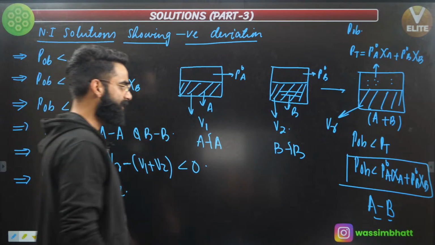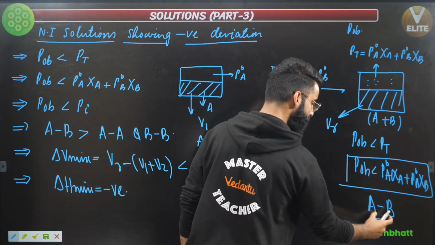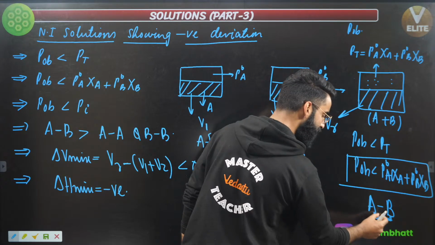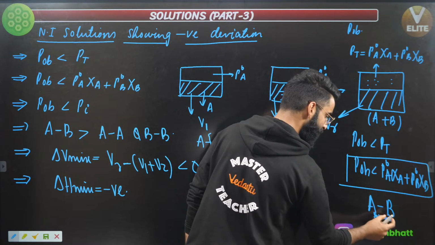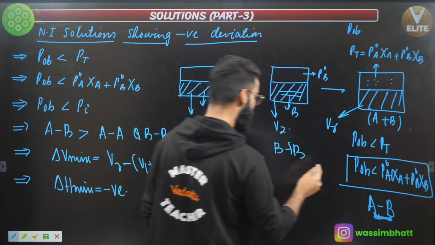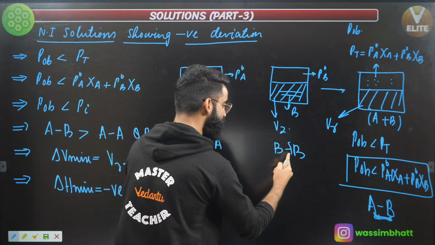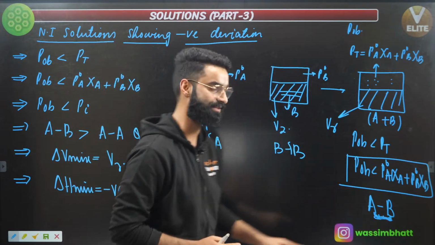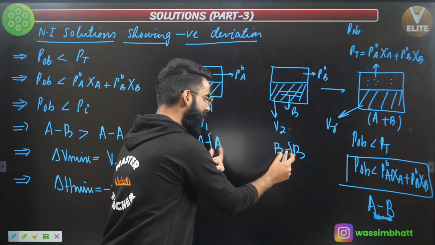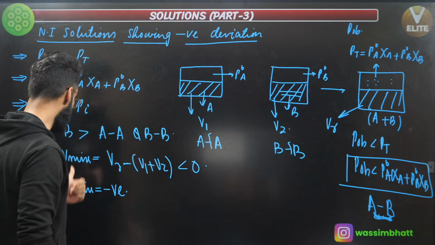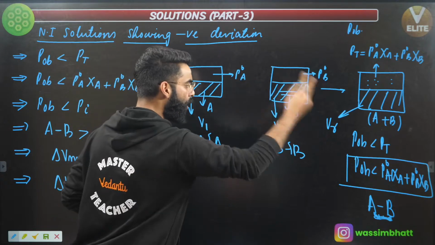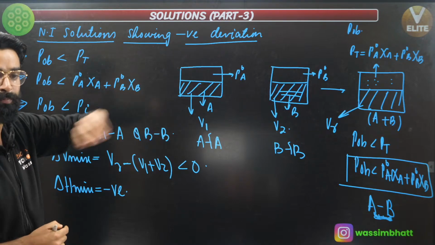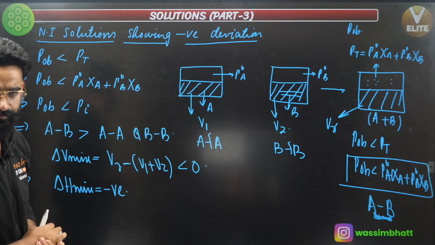Since the force of attraction between A and B is more, the amount of energy released during the formation of this bond is greater than the amount of energy absorbed during the breakage of these bonds. That's why the overall delta H mixing comes out to be negative. So I'll say the overall process is exothermic in nature, correct?